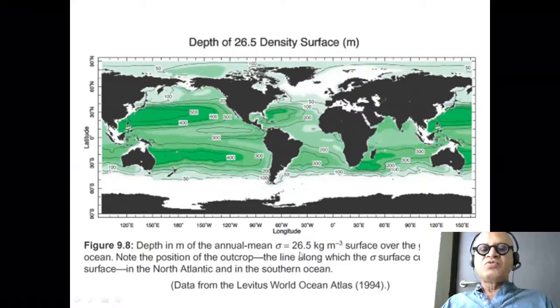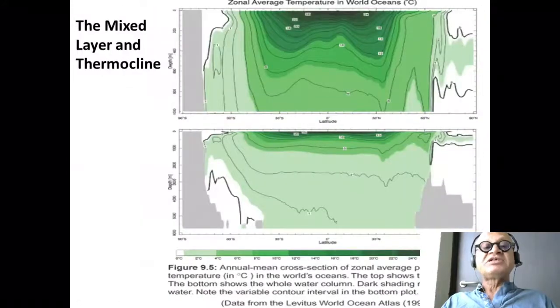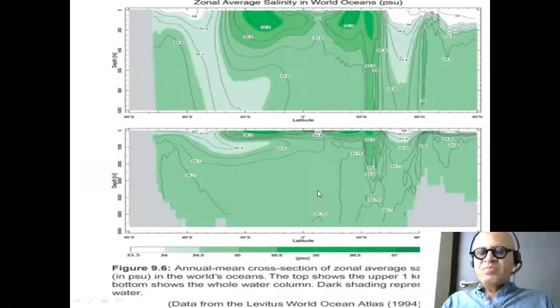Why did we take sigma 26.5? Because it's in the middle of the thermocline, which we didn't explicitly define, but it is the region of sharp gradients of temperature. You can barely see here, but the temperatures are well mixed near the surface, as we will see later on, and there is a sharp gradient before you go to the fairly uniform deeper ocean.